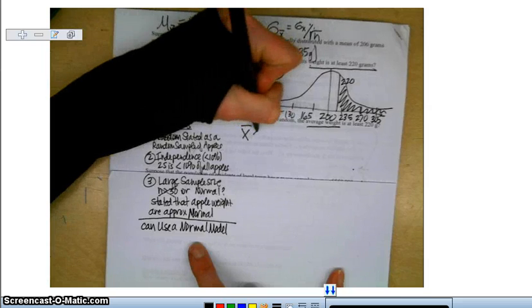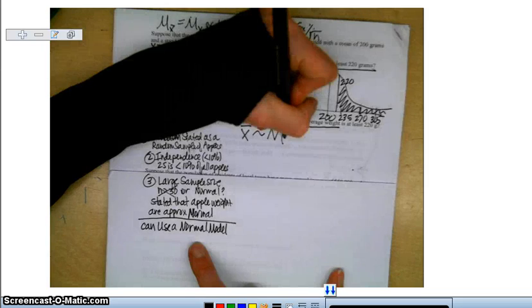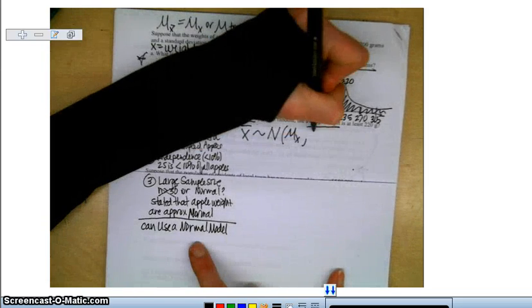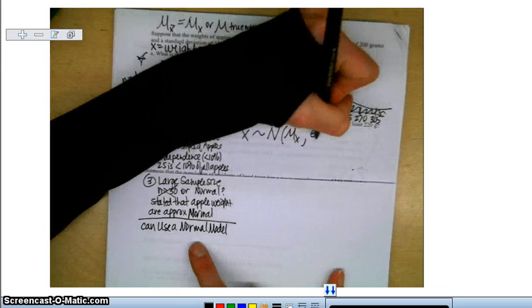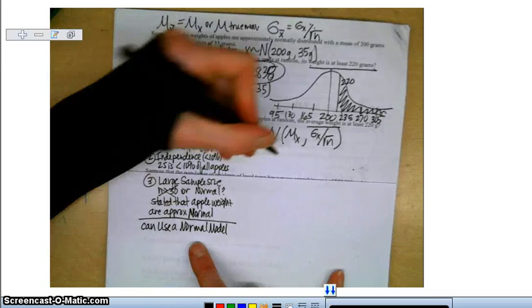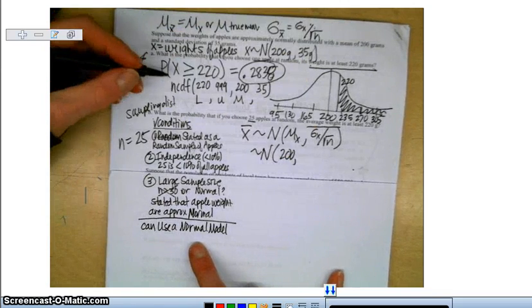So X bar is approximately normal with a mean of whatever the true mean is, 200, and a standard deviation of the true standard deviation divided by the square root of n. So we've got 200 and what? 7.